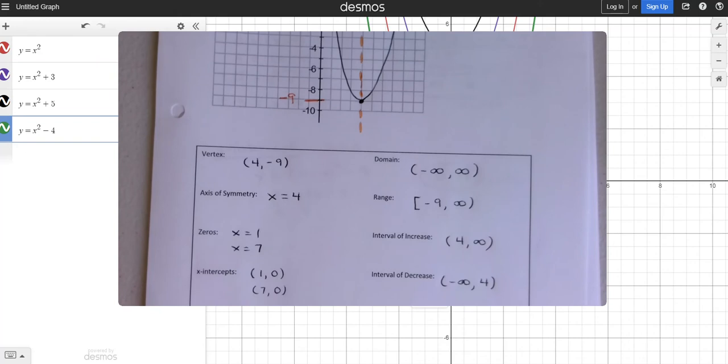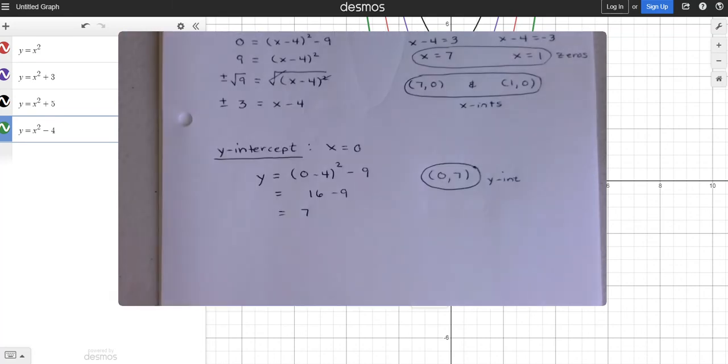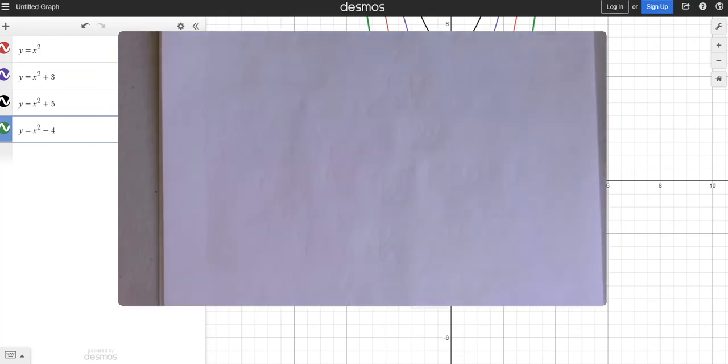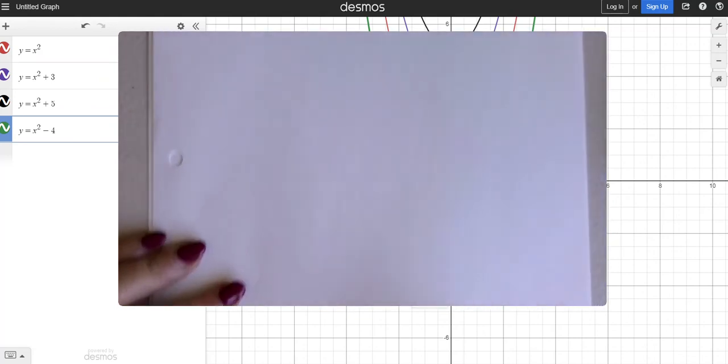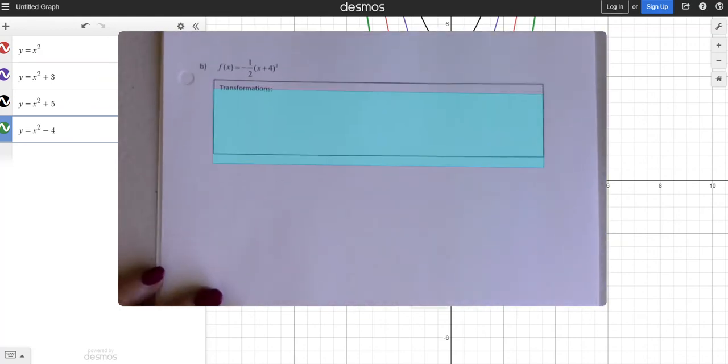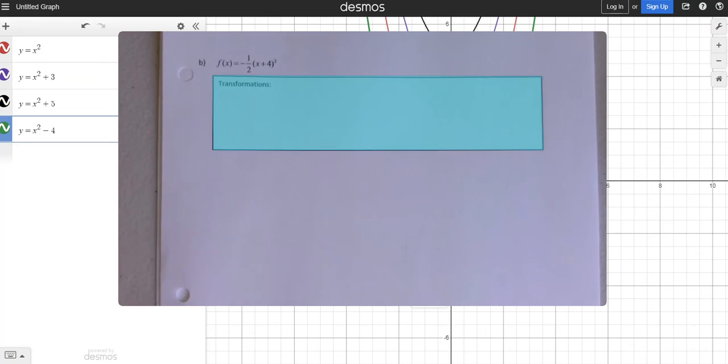All right, I've got one more graph that's given in vertex form for us to play around with. This one I've got f of x is -1/2 times x plus 4 squared.